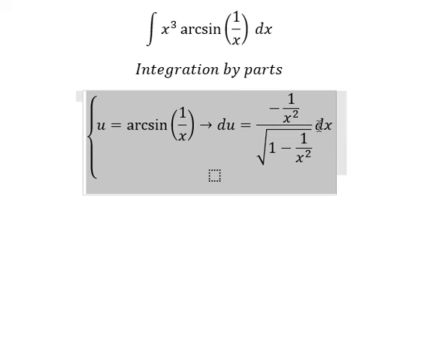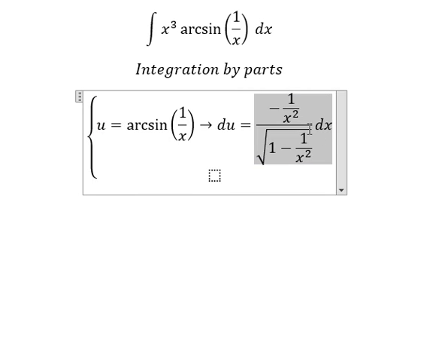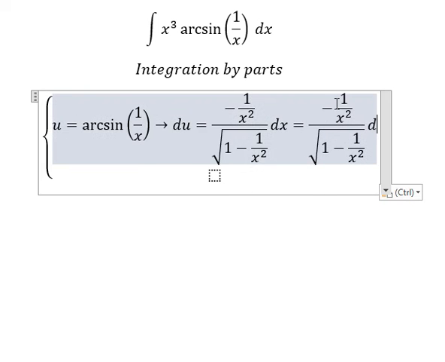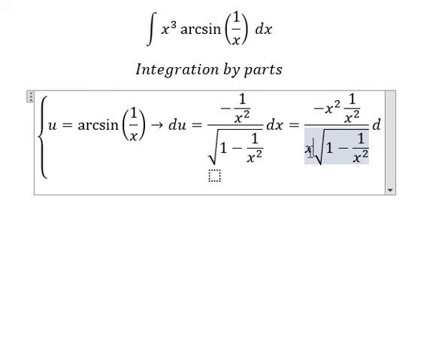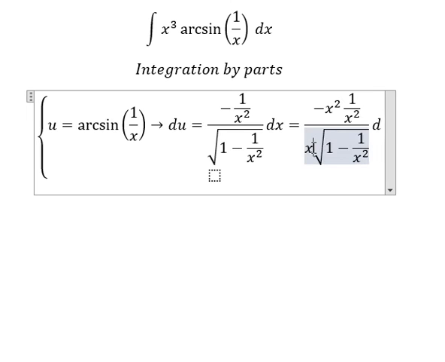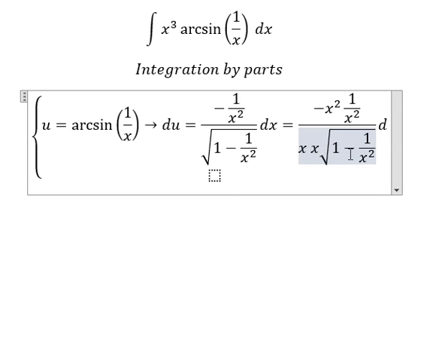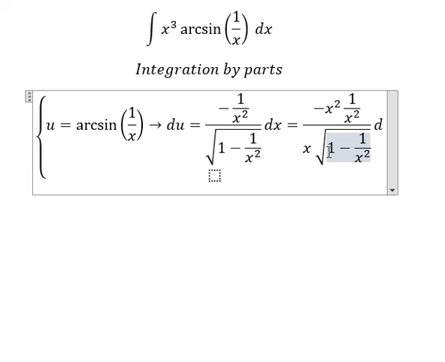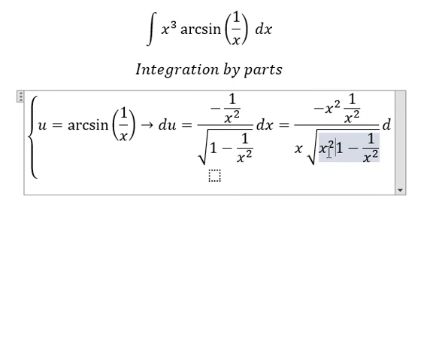And now for this one, I need to multiply by s squared on the numerator and denominator. So the s squared goes inside the square root, and that is s squared.